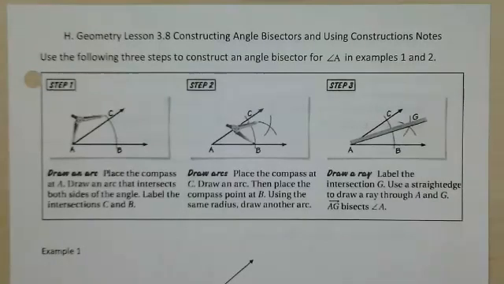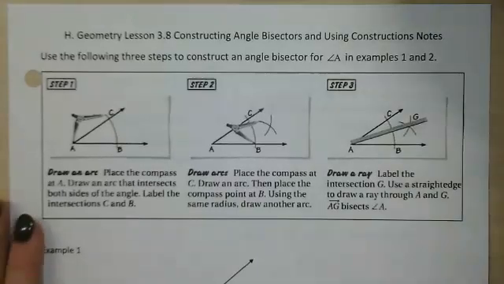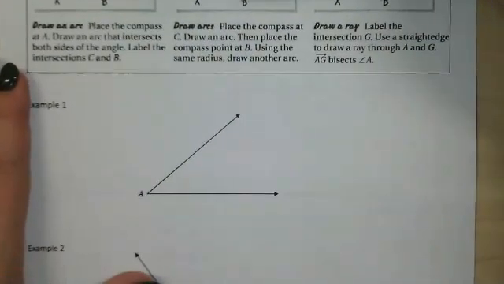So step number 1 says you place your compass at A and draw an arc that intersects both sides of the angle and label the intersections C and B. I'm going to give that a try here on example 1.